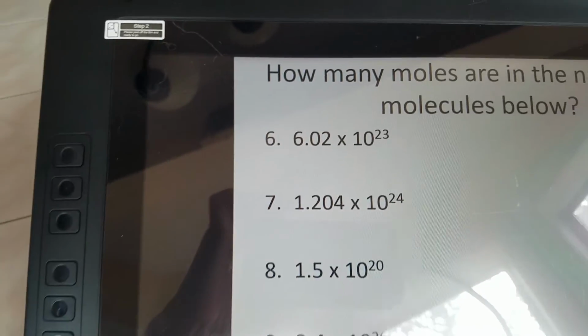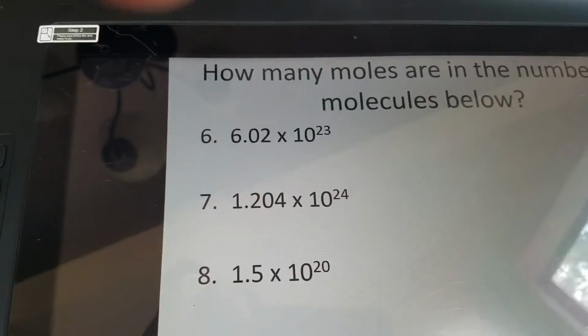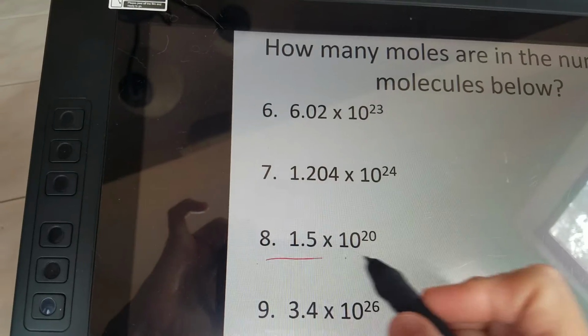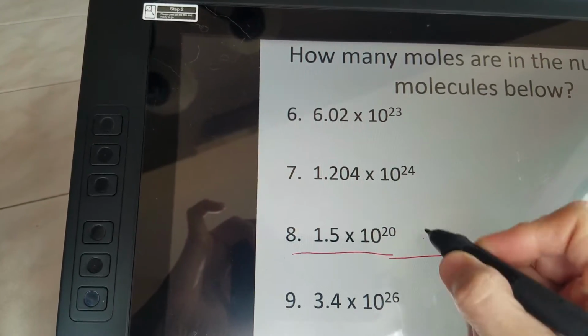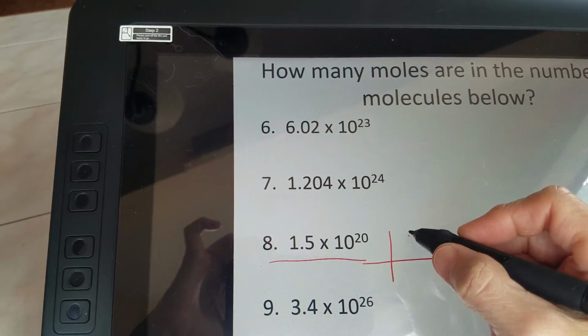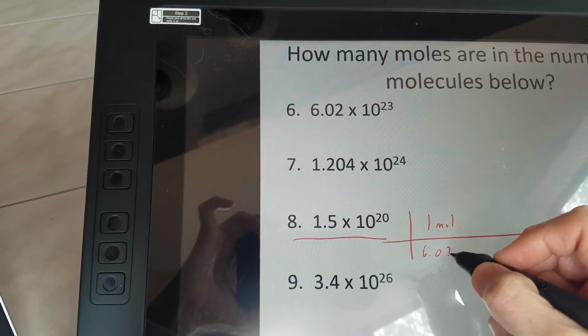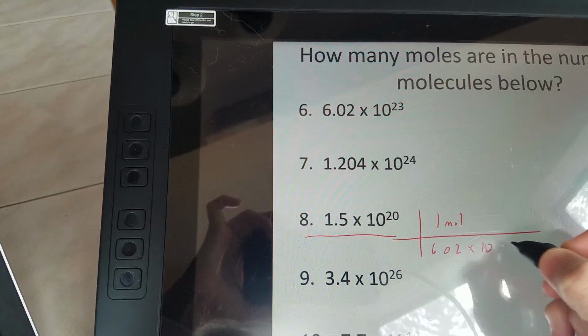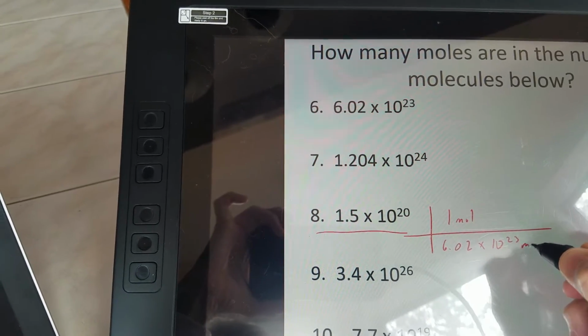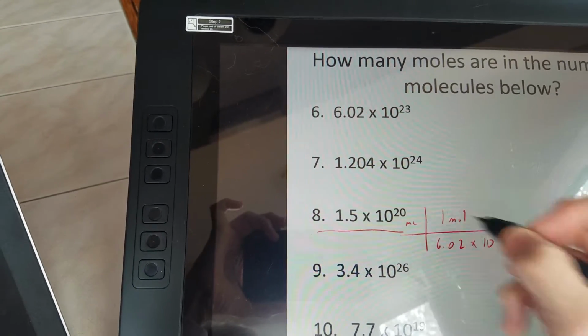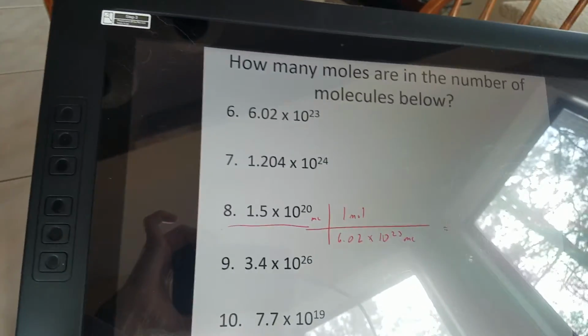If we go back to moles from your molecules, let's look at number 8, for example. You're still going to use the same conversion factor. I'm looking for moles, so I'm going to put that on the top. My conversion factor between it and molecules is Avogadro's number, so I'm going to put that on the bottom. This would be molecules, and now the rest is plugging in your calculator.